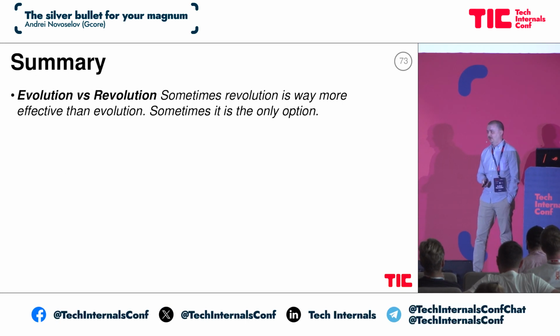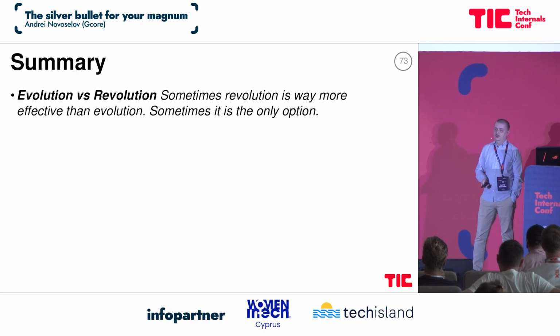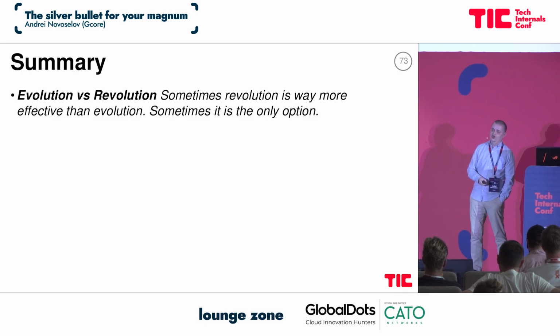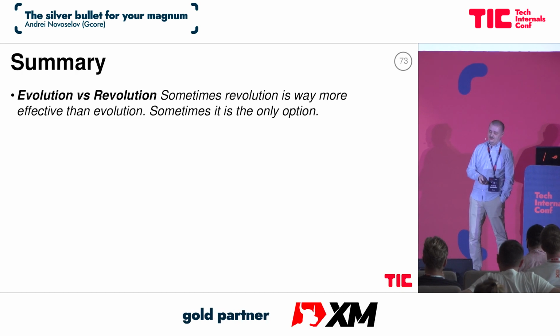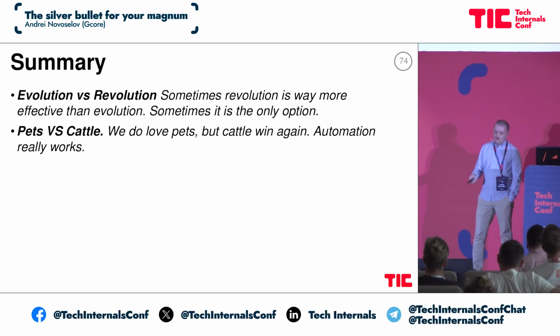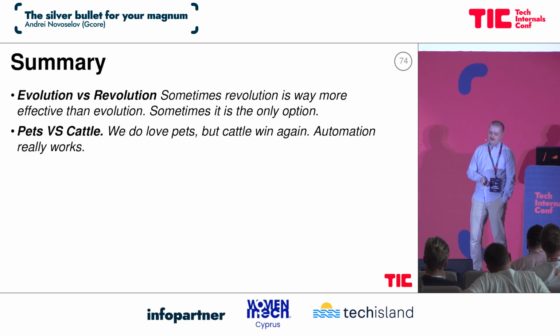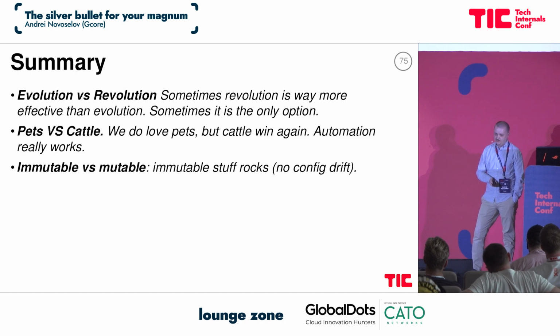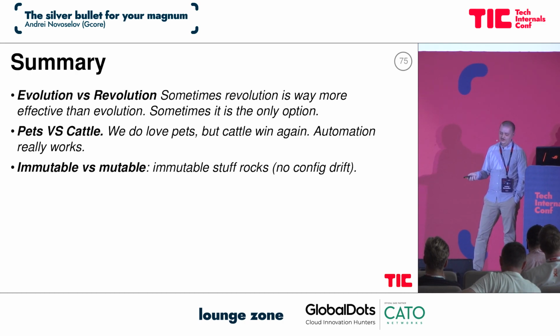So, to summarize everything, today we learned that if you are thinking about evolution or revolution, evolution seems like something logical, but sometimes revolution is way more effective than evolution. Sometimes it's the only option. Pets versus cattle, well, we do love pets, but cattle win again. Automation really works. And immutable versus mutable, yet again, immutable wins.